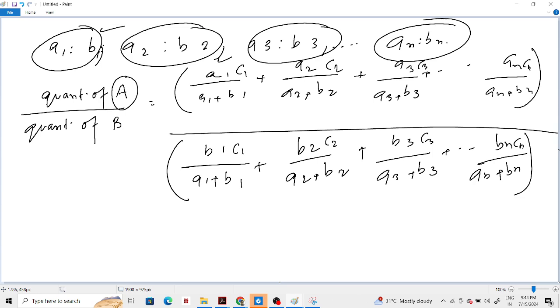Okay, that's the only difference. You multiply the quantity by the capacity of the vessels. Did you understand?